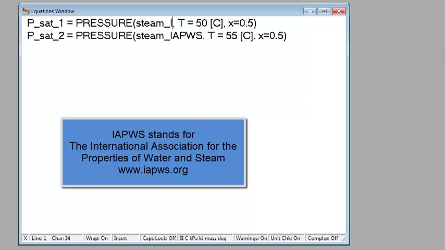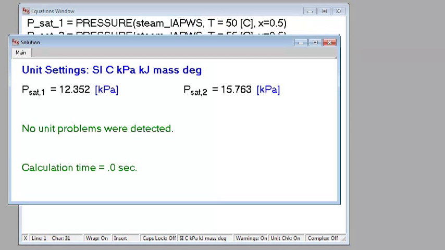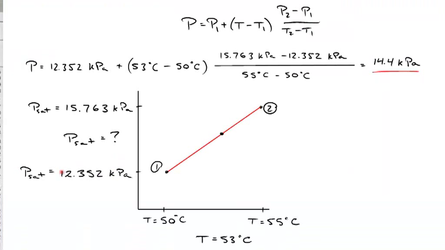So let's use Steam_IAPWS to recreate the steam tables themselves. So I'll run it, and what I come up with is P1 sat of 12.352 kilopascal and P2 sat of 15.763. And those are the exact same numbers for P sat for point 1 and P sat for point 2.